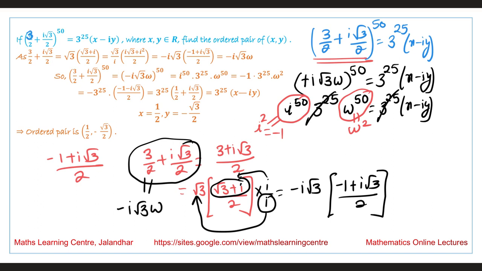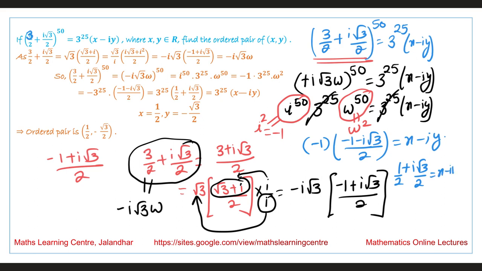And the value of omega square that we have is minus 1 minus iota root 3 by 2, and it is being multiplied with minus 1, and that is equal to x minus iota y. So this term will become 1 plus iota root 3 by 2, that is equal to x minus iota y.